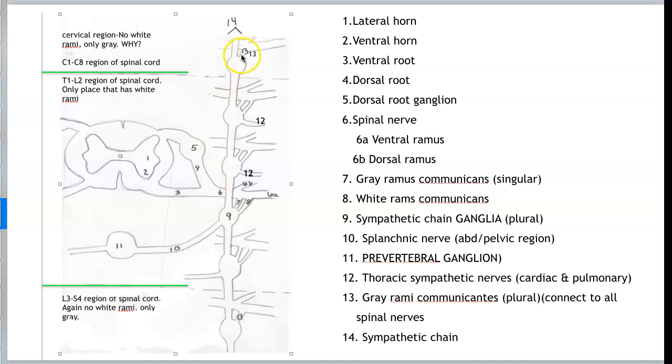Same thing up here. We have a gray rami communicans connecting to a spinal nerve in the cervical region. So this you have to know. Hopefully it's starting to make sense.